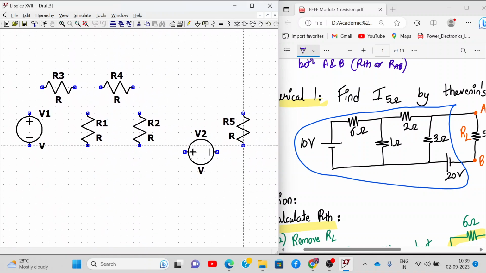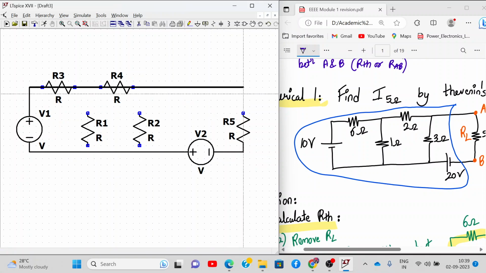Okay. And now I'll join them together with the wire. These resistors also I'll join them. Then I also have to add a ground. So this is my ground. I'll add a ground here, and then I connect this to the ground. Alright.